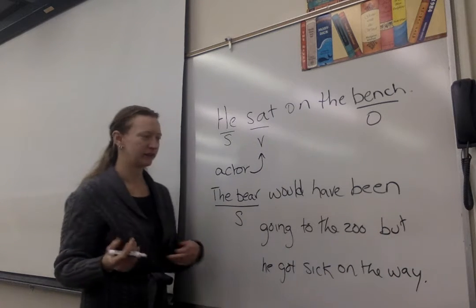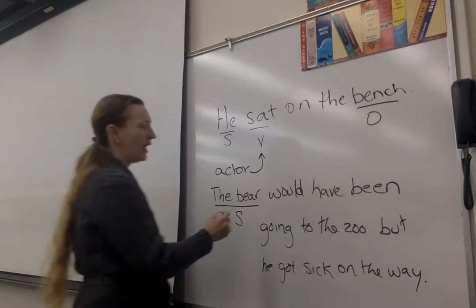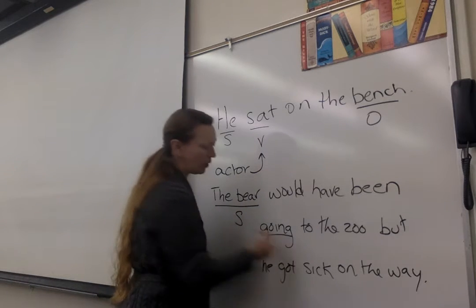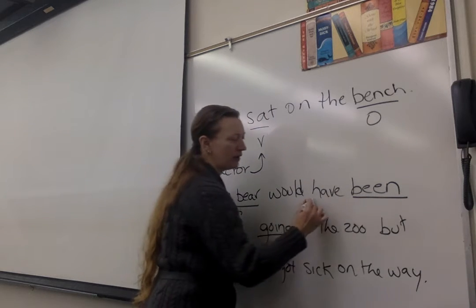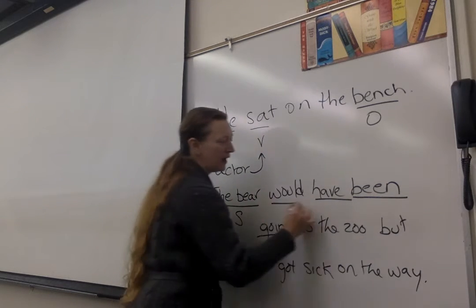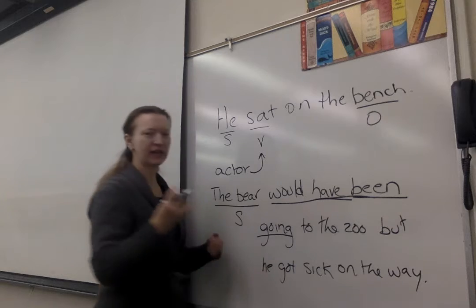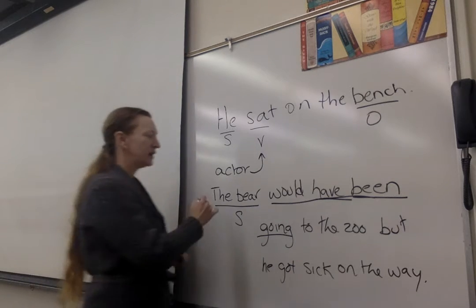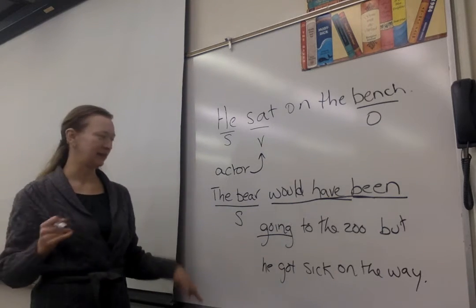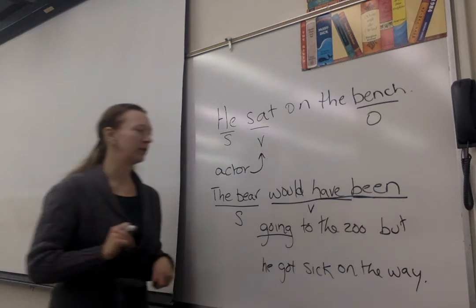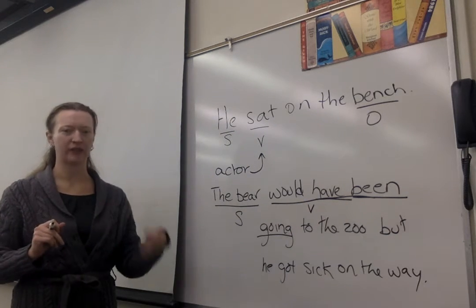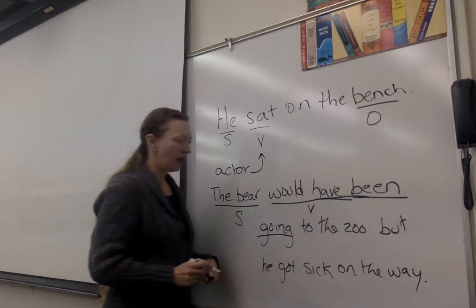So let's say that that's our entire sentence. And you'll note that, well, going is definitely part of our verb form. Been is as well. Have is as well. And would is as well. So we actually have a 4-word verb right here. So if you're going to identify the subject and verb in this sentence, the bear would be the subject. And the verb is would have been going. So it's 4 words long.